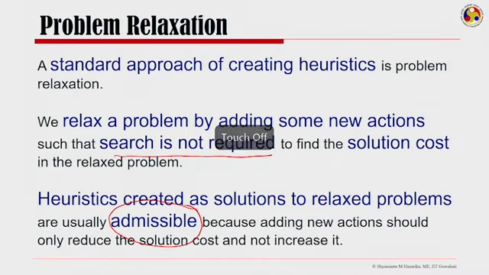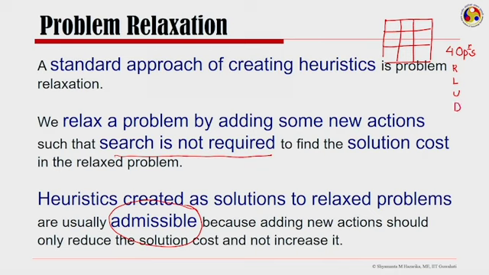Let us assume that we have the 8 puzzle game. The 8 puzzle game, in terms of its original actions, has only 4 operators, which are just going right, left, up or down. When I was counting the displaced tiles, I was not looking at these 4 operations, but I was looking at a relaxed problem of the whole idea.